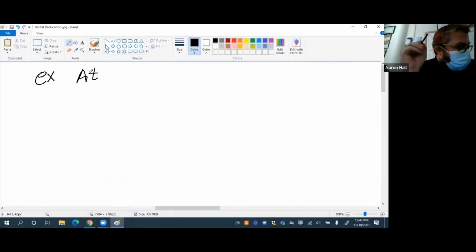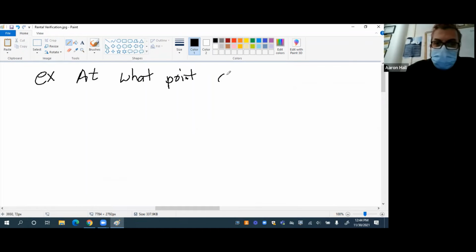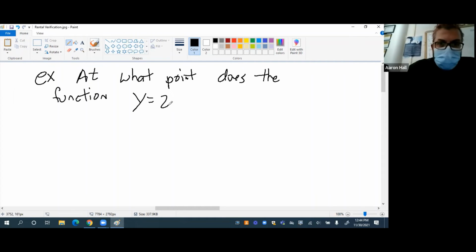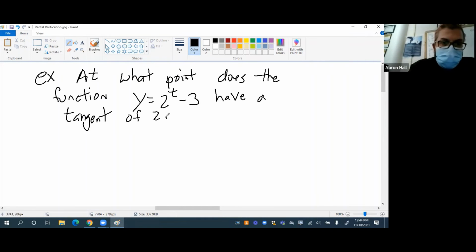At what point does the function y equals 2 to the power of t minus 3 have a tangent of 2?